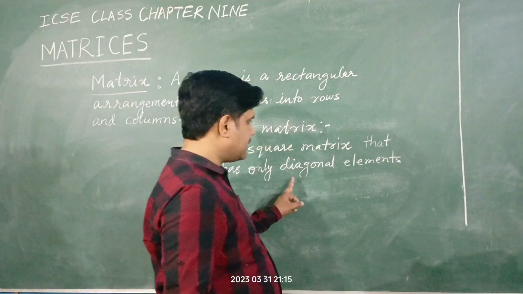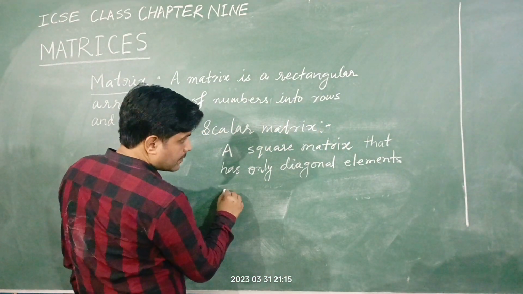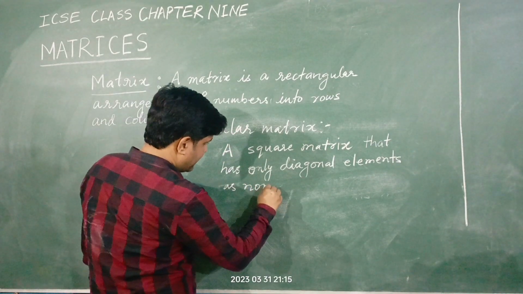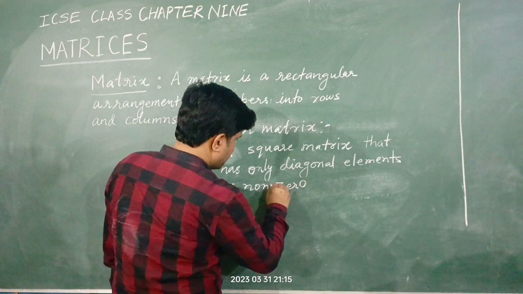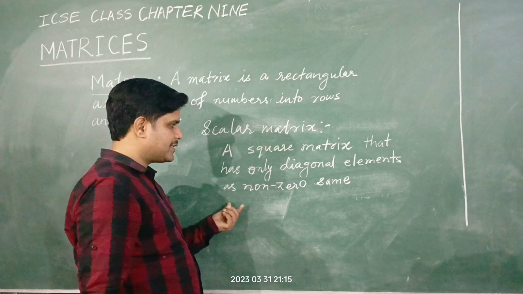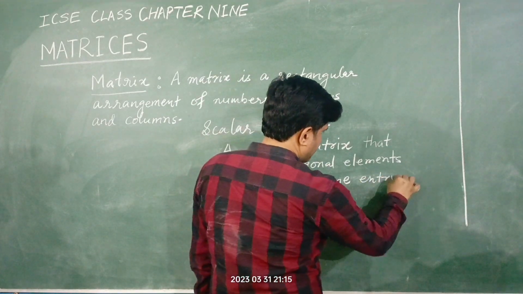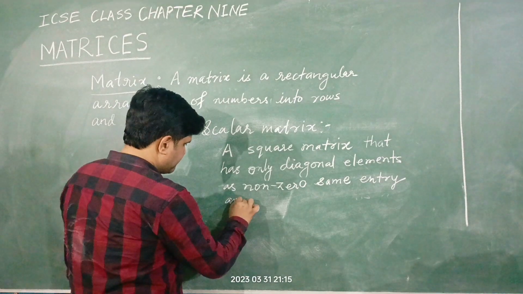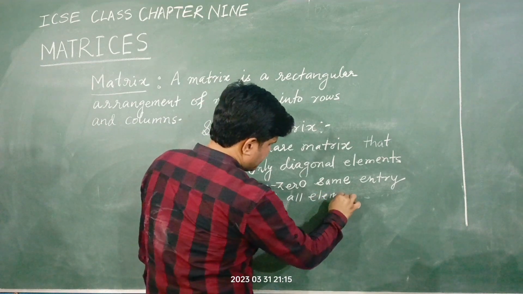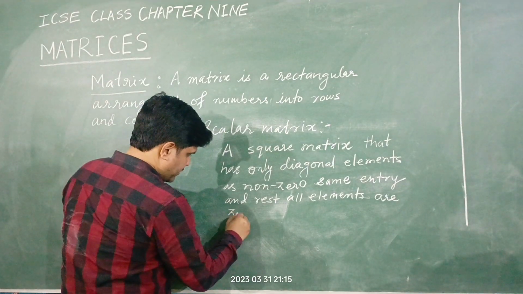It has all the diagonal elements as non-zero, the same entry, and the rest of the elements are 0.